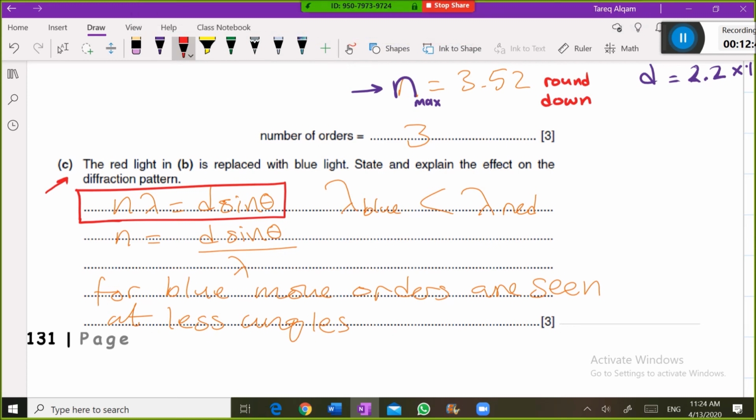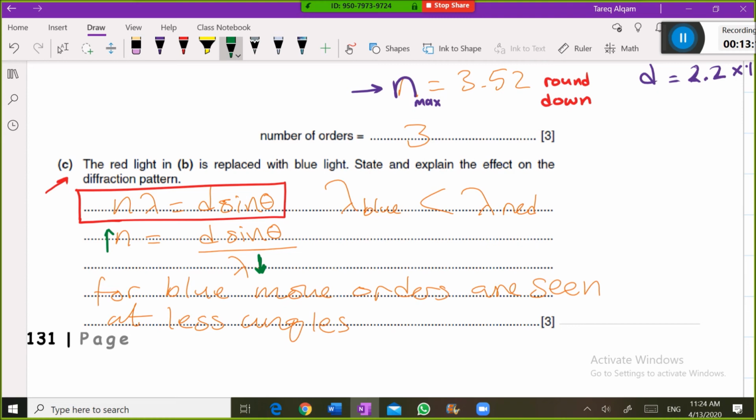So N equals d sine theta over lambda. If I replace the red light by the blue light, this means I decrease the wavelength. What will happen to the number of orders?